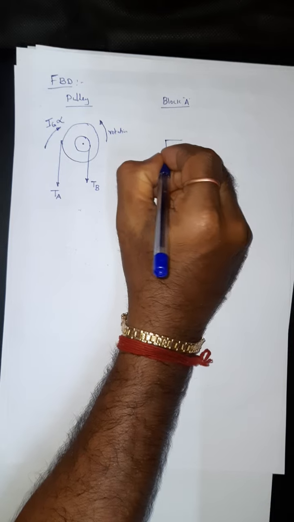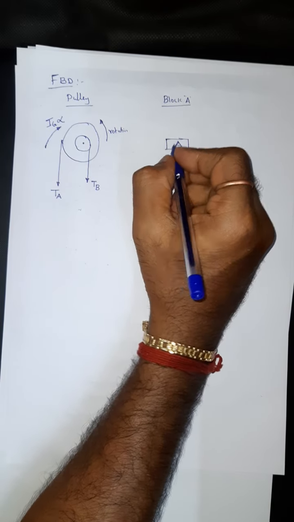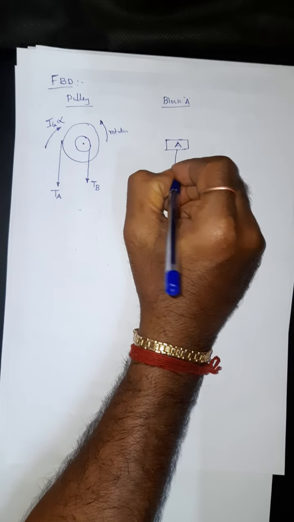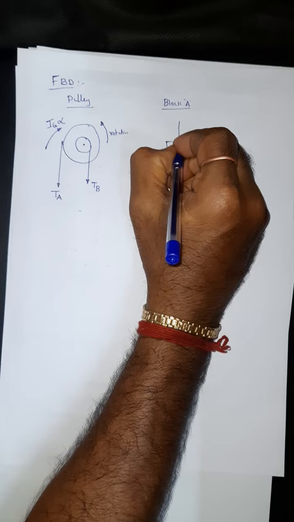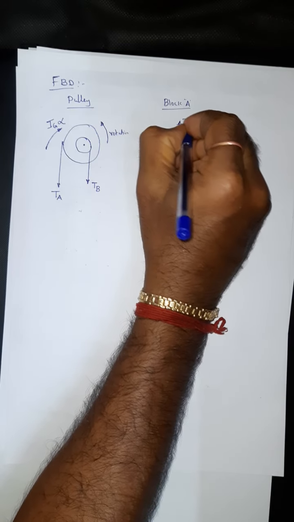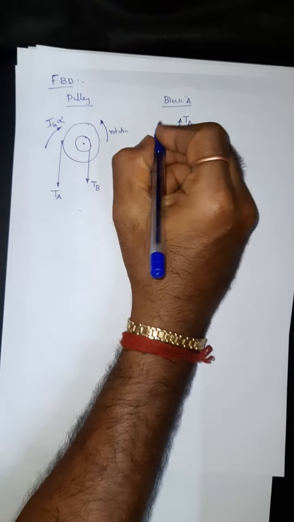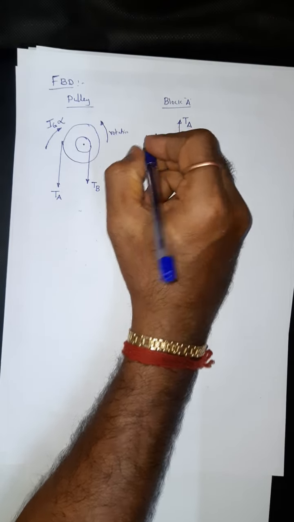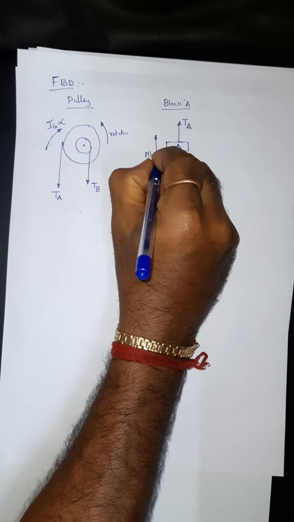So this is block A. Its weight acts downwards and its tension goes upwards away from the object. When it moves downwards, its inertia force will be opposite to it, so MA, acceleration upward.